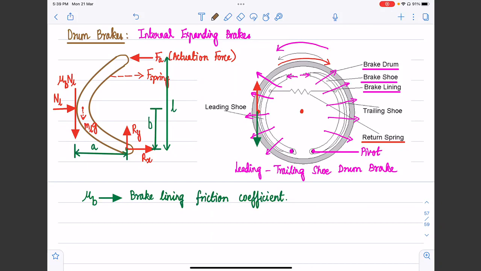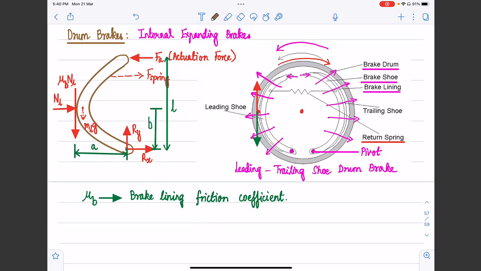And although there may be some vibrations, we can neglect the acceleration due to the vibrations for this particular analysis. So we will do a quasi-static steady state analysis for this scenario. We are going to neglect these two forces, mu L g and F spring, and consider only the torques due to the various forces acting on the shoe.